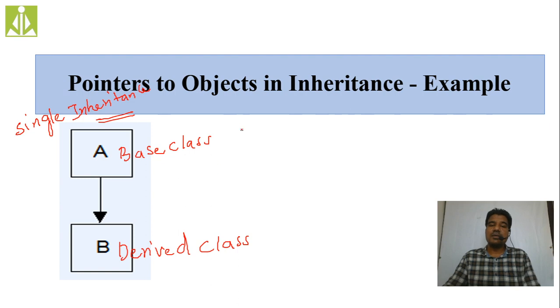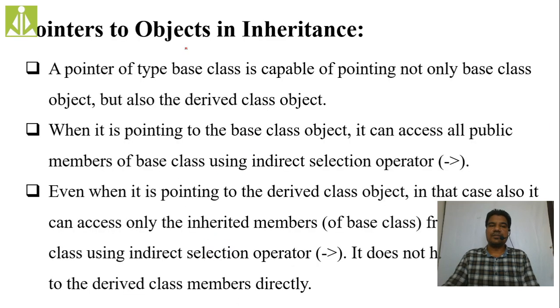So you can read over here: a pointer of type base class is capable of pointing not only to the base class but also to the derived class.